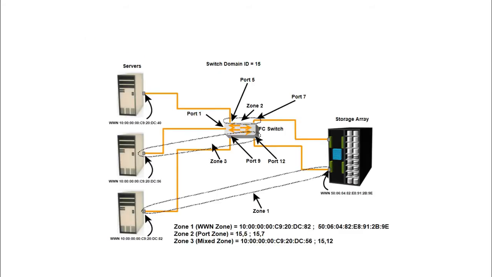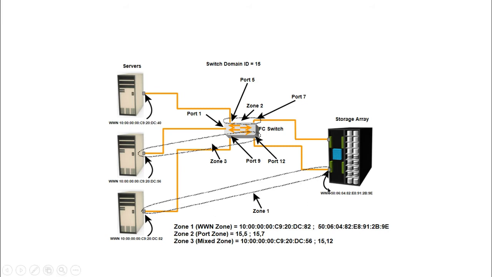This diagram illustrates the different types of zoning. We have a bunch of servers connected to a storage array using a Fibre Channel storage area network. These are the worldwide names of the servers or hosts. These are the ports present on the switch. We have a switch here as an interconnecting device. Let us consider the first zone, zone 1.